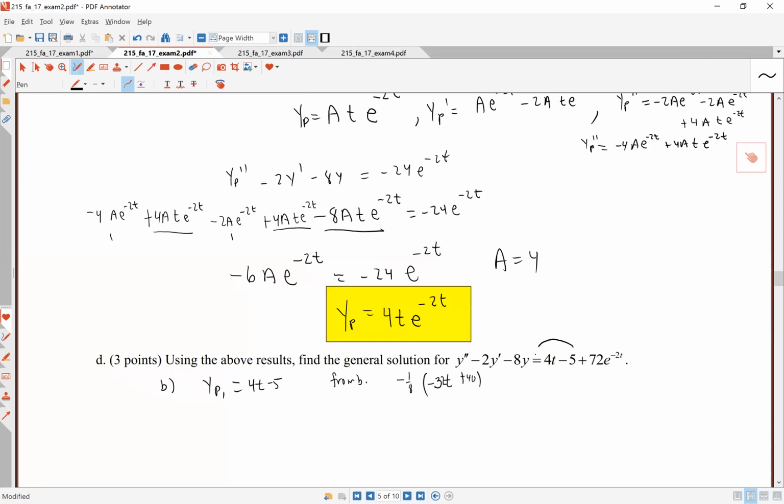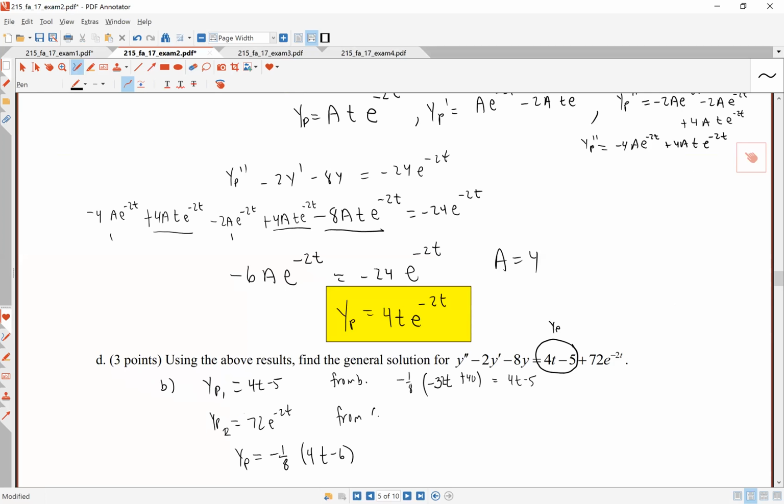So this right side of this is negative 1/8 of the right side from B. So therefore, our new yp is going to be negative 1/8 times the solution we found in B, 4t minus 6. And the y particular 2 is 72 e to the negative 2t.